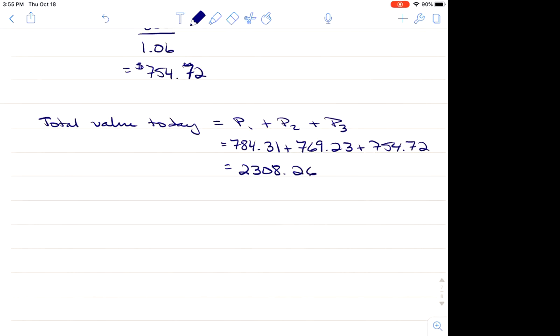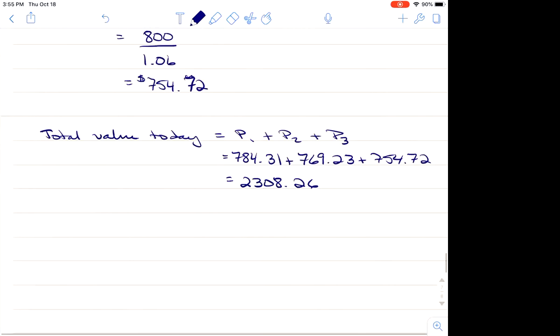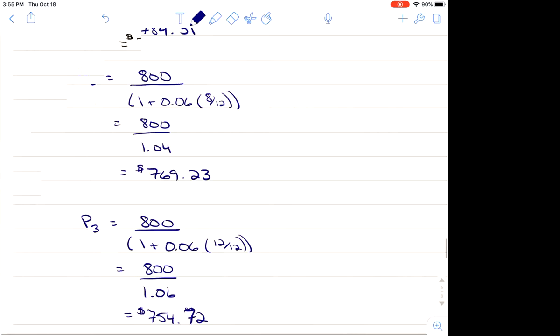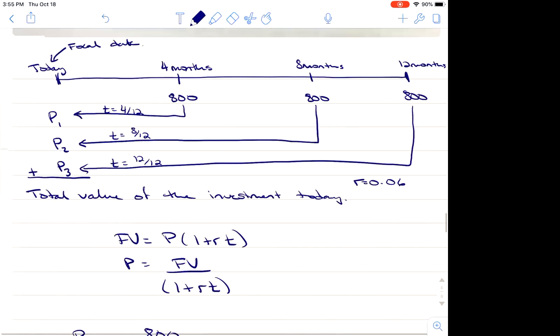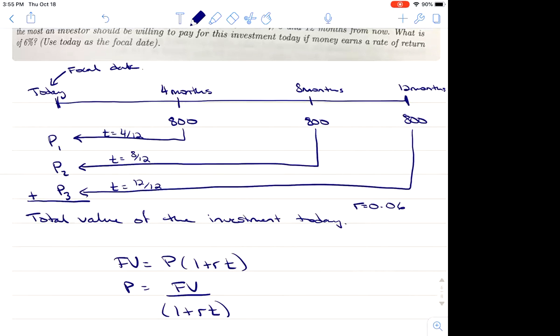So what this is saying is, 2308.26. If the bank said, hey, give us $2,200 today, and they're feeling desperate, so if you give us $2,200 today, we'll give you 800.